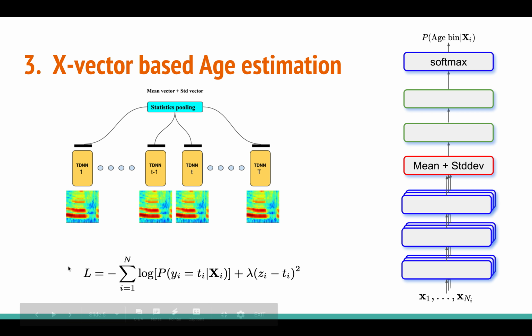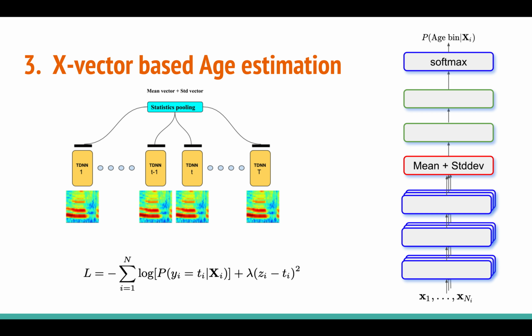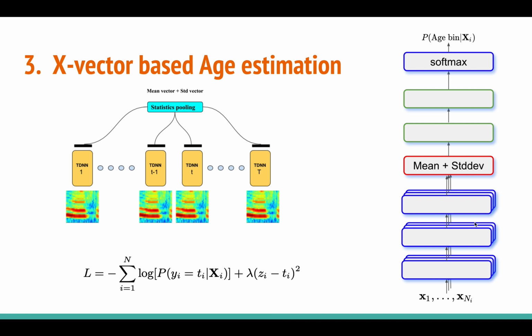What we are going to do is, for each segment, which could be a 10 frames window or 20 frames window or 3 frames window, we take that segment and feed it to a convolution time delay neural network, which is this blue part here. This blue part will generate one vector. Then we move the window and feed it to the same time delay neural network and generate another vector.